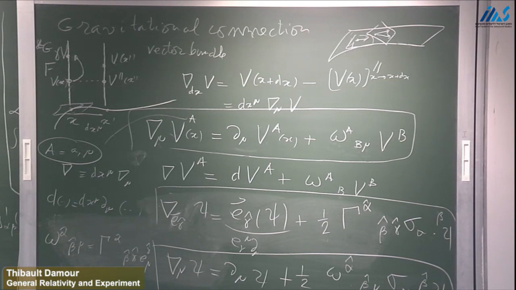So I have the directional derivative along the vector E alpha, so I write the last term first, alpha beta gamma, plus these 2 terms, E beta G gamma alpha plus E gamma G beta alpha. This means a directional derivative along the vector E of the coefficient of the metric G in the frame.